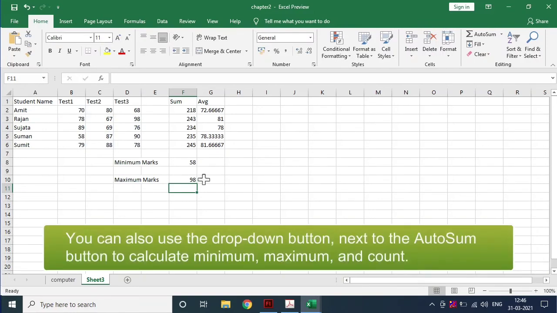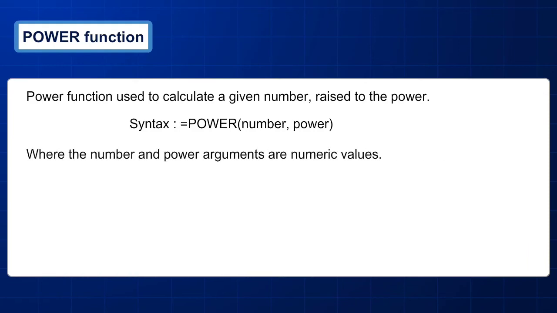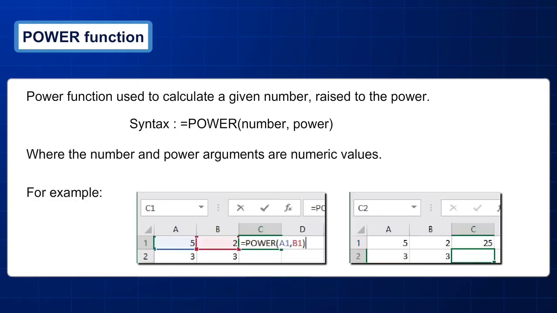You can also use the drop down button next to the auto sum button to calculate minimum, maximum and count. Power function. The power function is used to calculate a given number raised to a power. Syntax: POWER, we pass number and power as arguments, where the number and power arguments are numeric values.